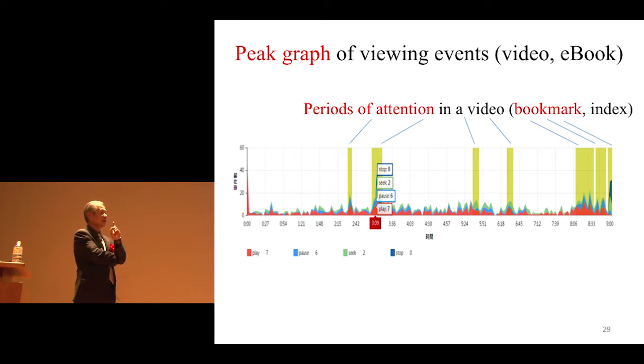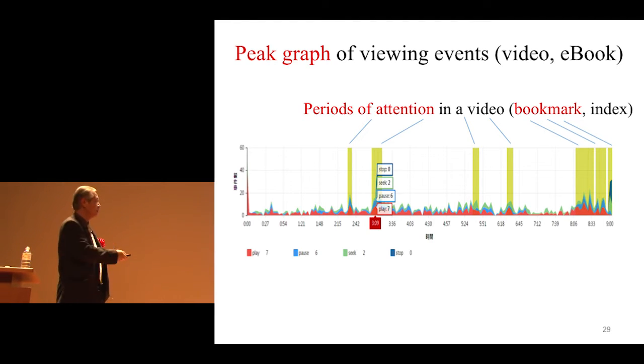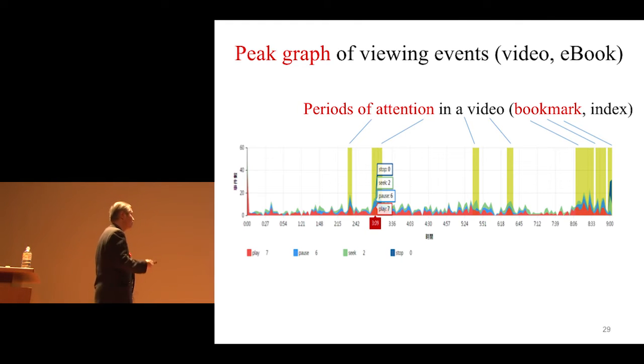We also have another kind of graph. We call it a peak graph, which means for a particular video, for some period of time, it attracts a lot of attention. Here we have a lot of attention. So it could be a hint for instructors or for students to put a bookmark or index there for better search later on.